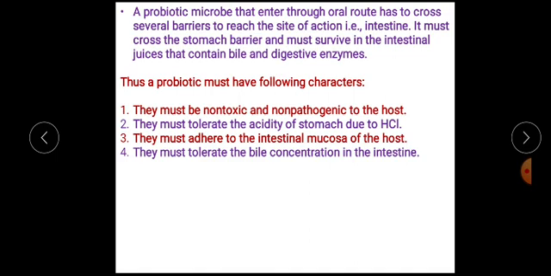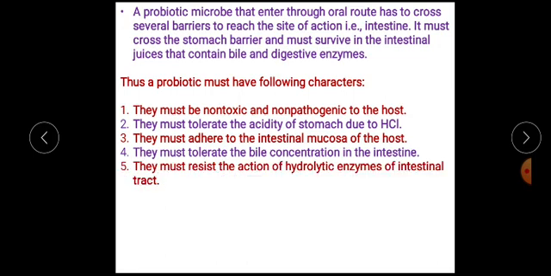They must tolerate the bile concentration in the intestine. When food enters the intestine from the stomach, it stays there for approximately 1.5 to 2.5 hours. Till the food is digested, it is exposed to bile present in the intestine, which is required for digestion. So these probiotic microorganisms should tolerate the concentration of bile for at least 1.5 hours.